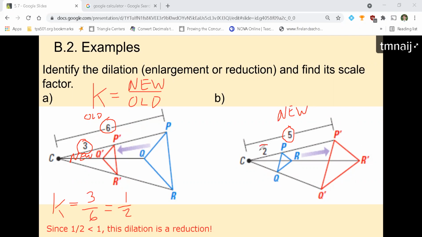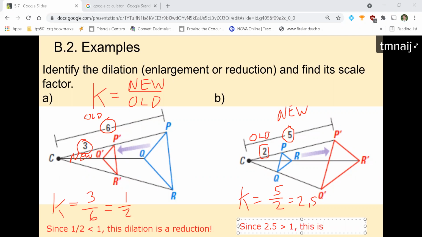The old length is 2. So then my scale factor, again, is new divided by old. 5 divided by 2, which is 2.5. And then we could say, since 2.5 is greater than 1, this dilation is an enlargement.